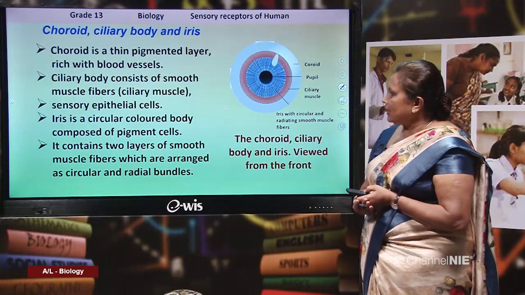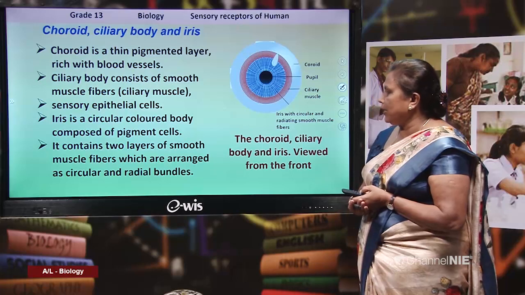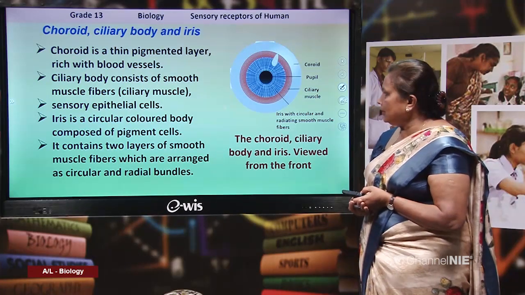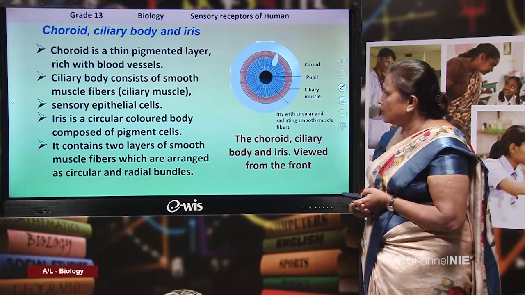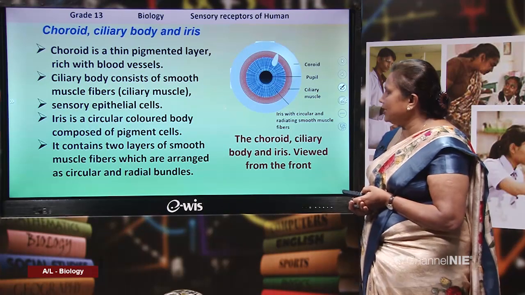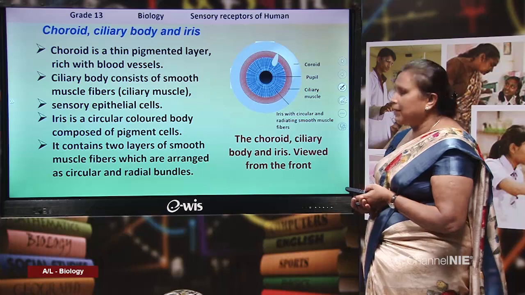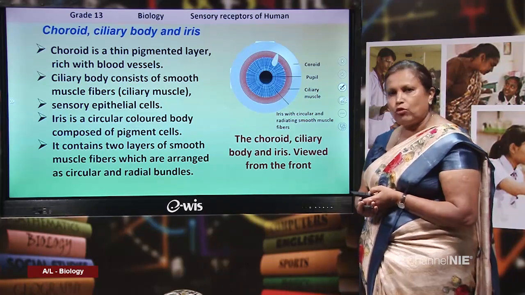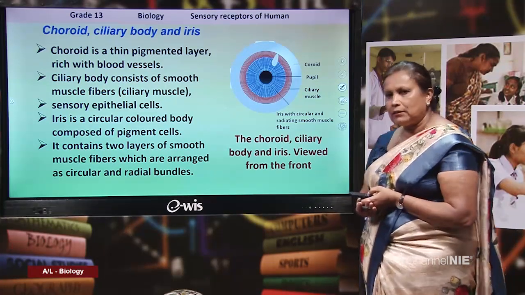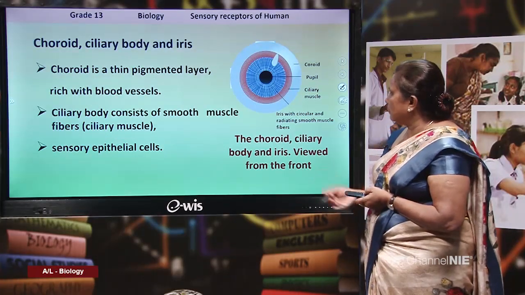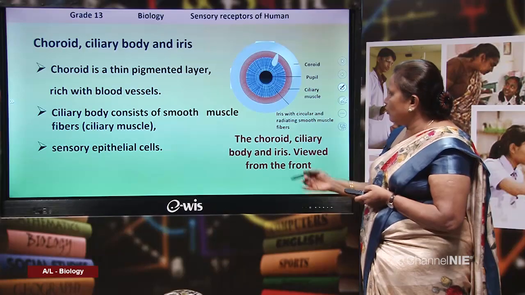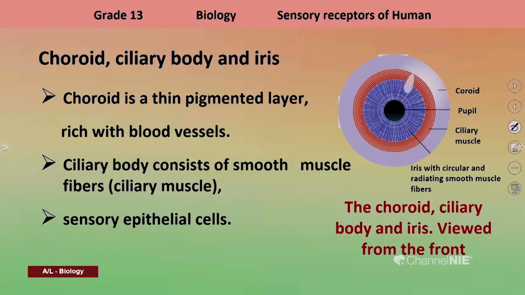It consists of smooth muscle fibers at the anterior region, which is called the ciliary muscle. The epithelial cells present are pigmented. That is the reason for giving this specific color to the eye. This shows how these are arranged on the anterior side of the eye.